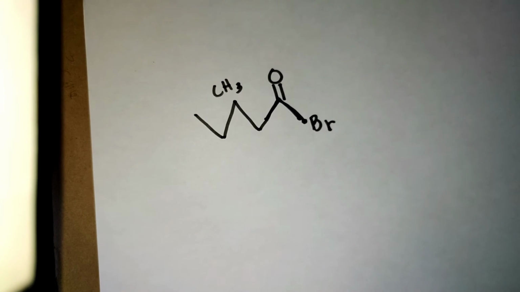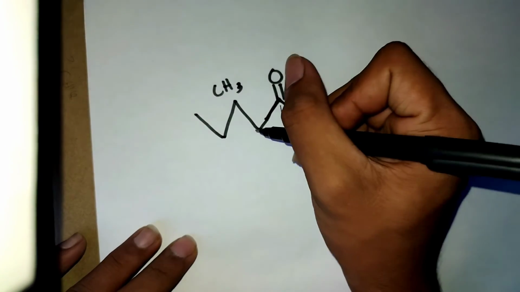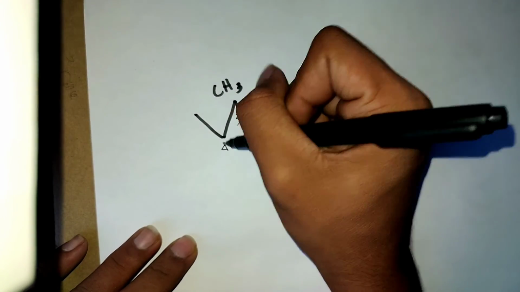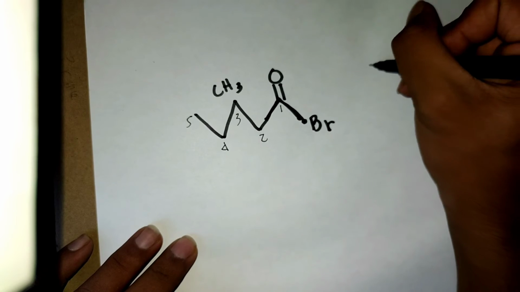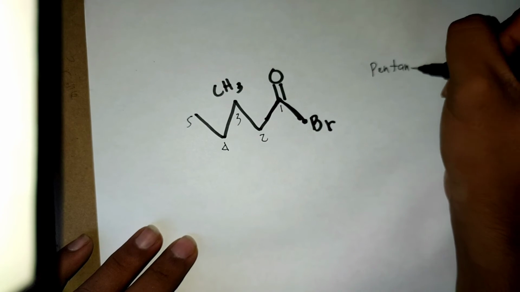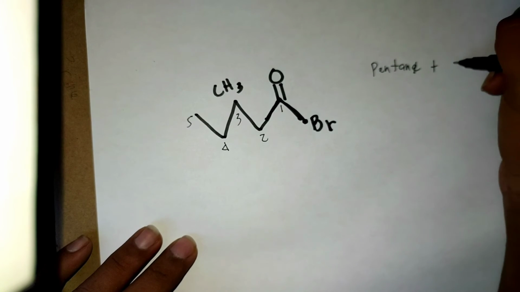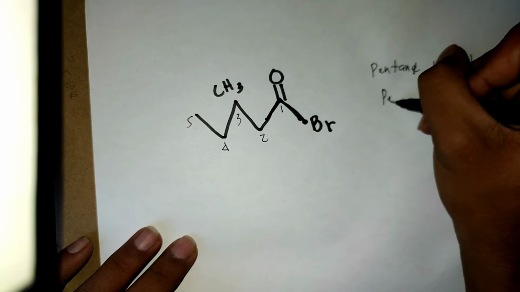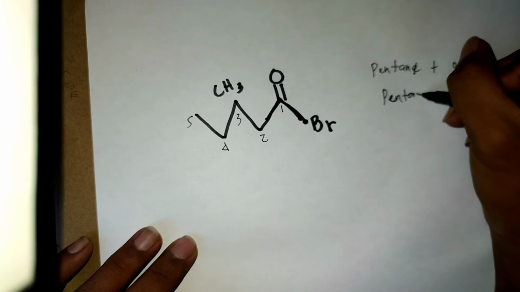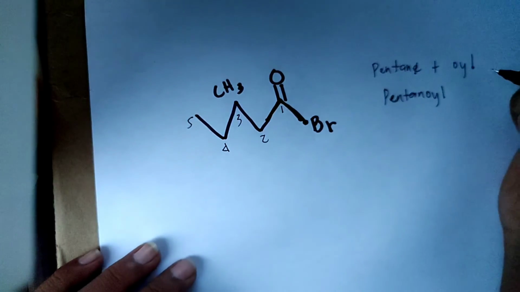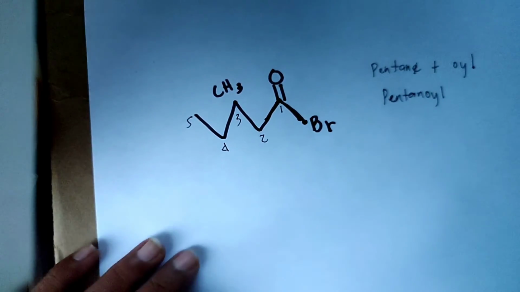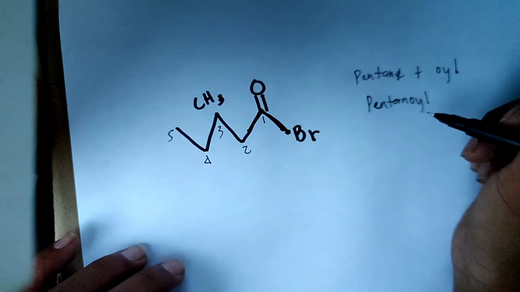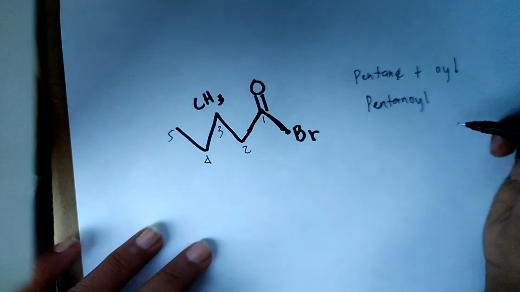Okay. So, in naming this one, we should count the number of carbon. 2, 3, 4, and 5. So, it is pentane. Kukunan natin ng E at dadagdagan ng suffix na oyl. Magiging pentanoyl. Okay, nawala yung flashlight. So, magiging pentanoyl siya.